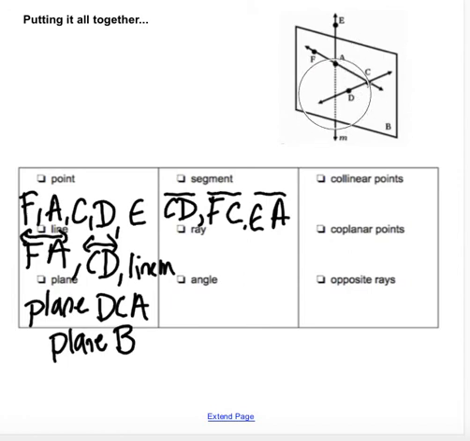Rays. We need an endpoint and then a continuous line. So again, we're just going to chop some of these lines in half. So if I start at D on this line, what we previously called line BC, if I chop it at D, my ray could go towards C. So I could call it ray DC.